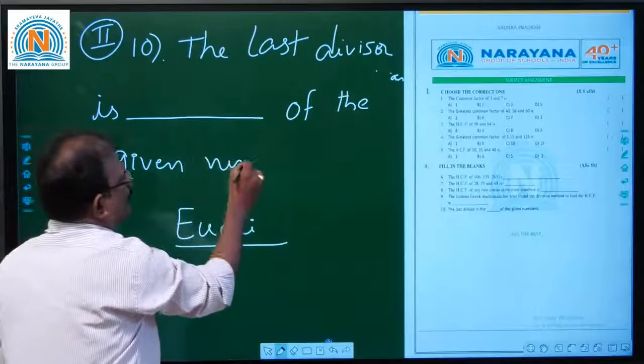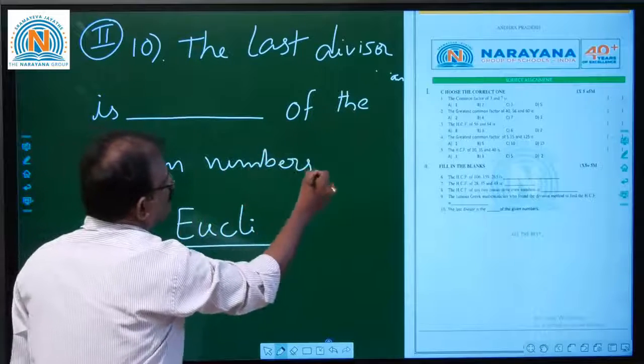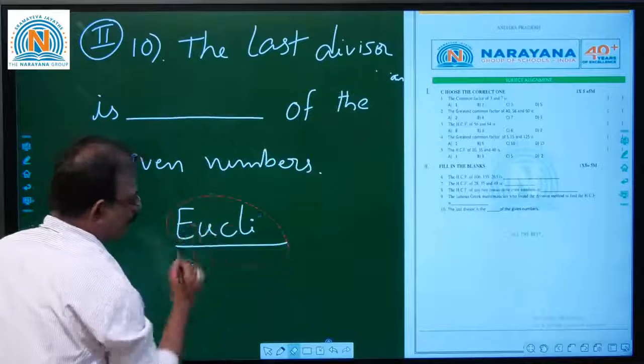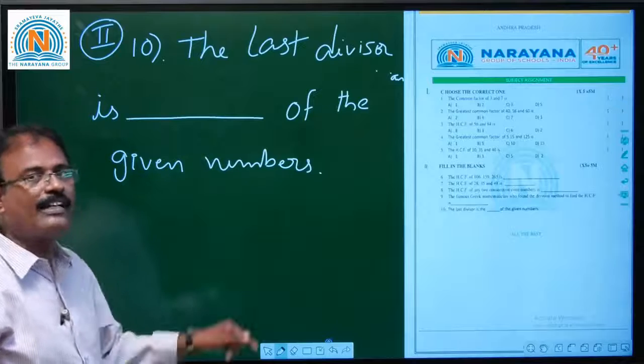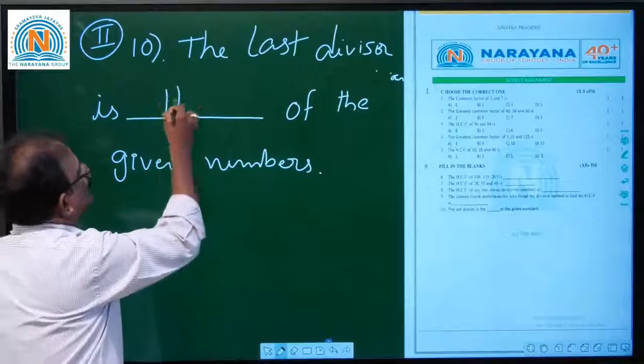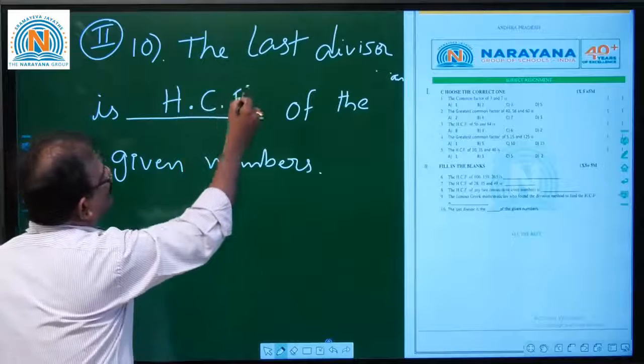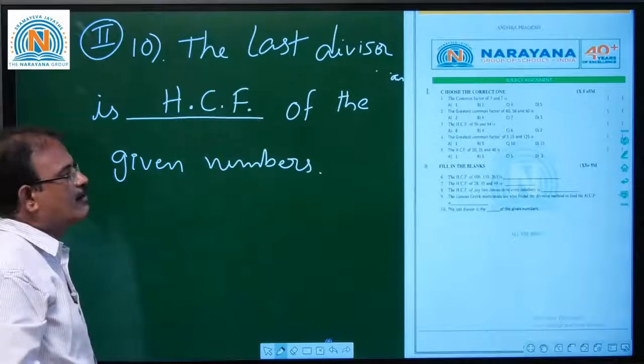Whenever we are finding HCF, we know the last divisor is taken as the HCF of the given numbers. So this is HCF of the given numbers, children.